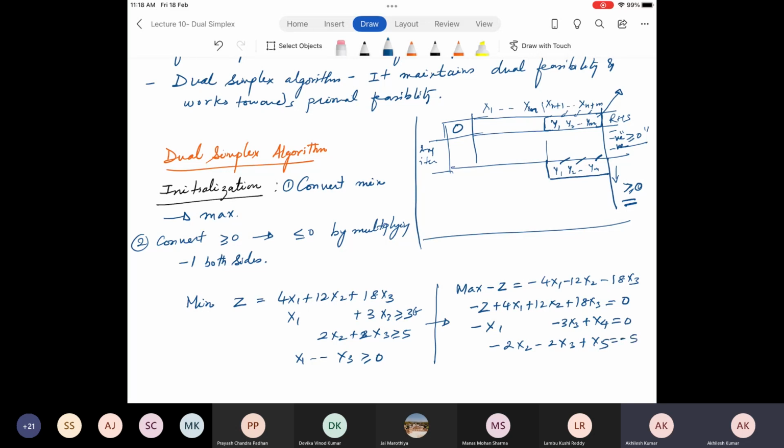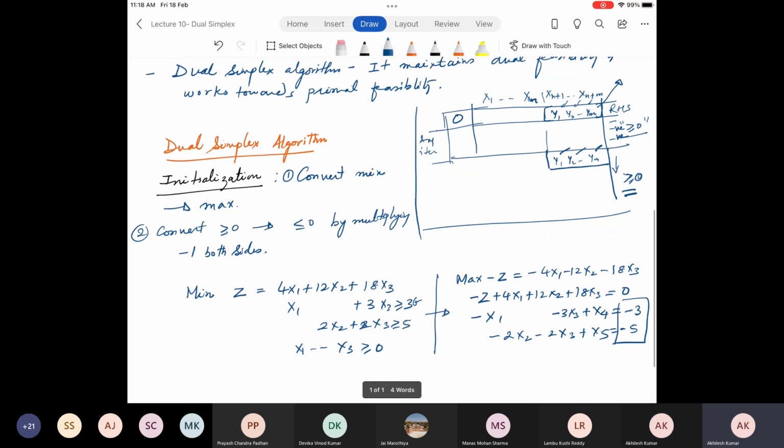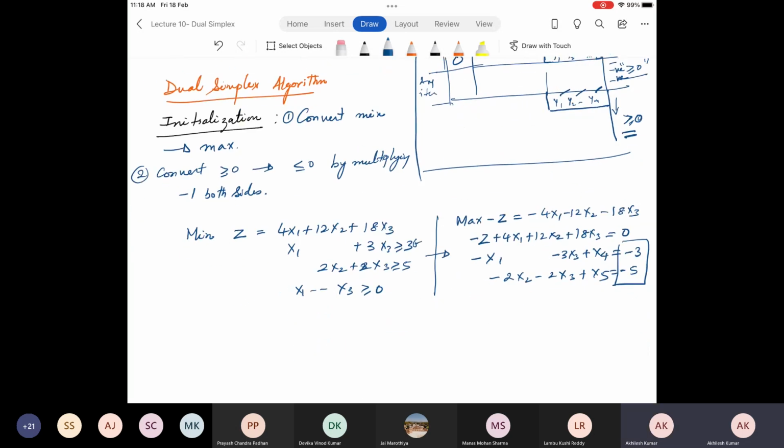Now you have put it in the standard form to work with dual simplex, because as I said, it is invoked when you have negative RHS, and you can see you have two negative RHS here. So this is invoked.